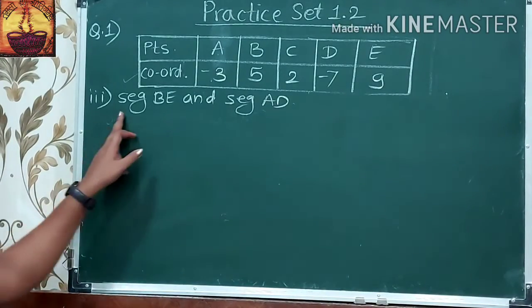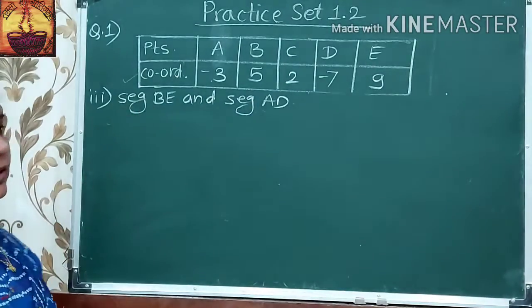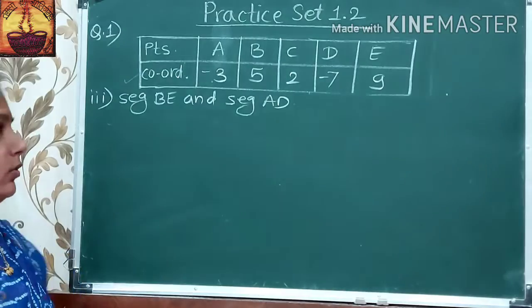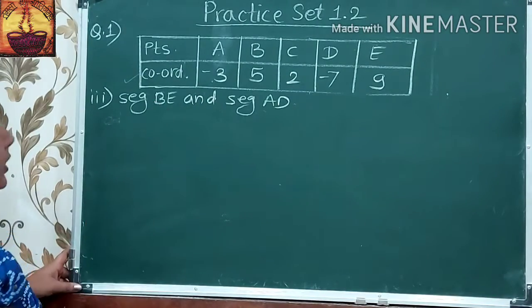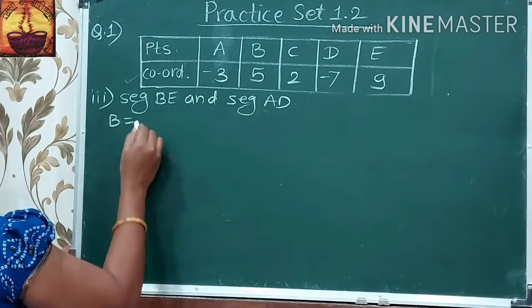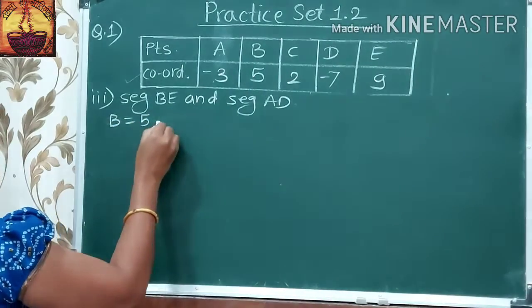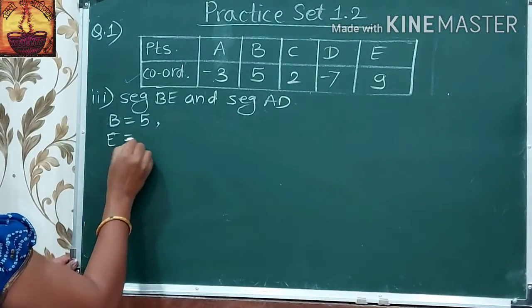Third is segment BE and segment AD. For calculating the length of segment BE, first we have to calculate distance BE. For calculating distance BE, we have coordinate of point B is 5 and coordinate of point E is 9.